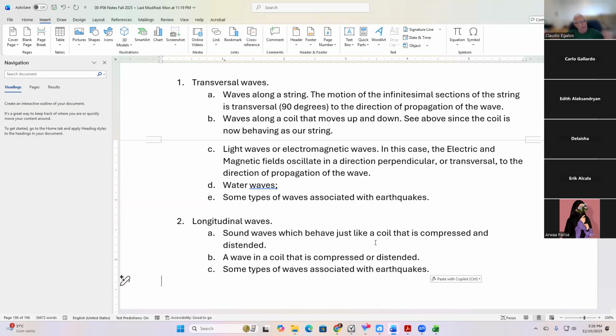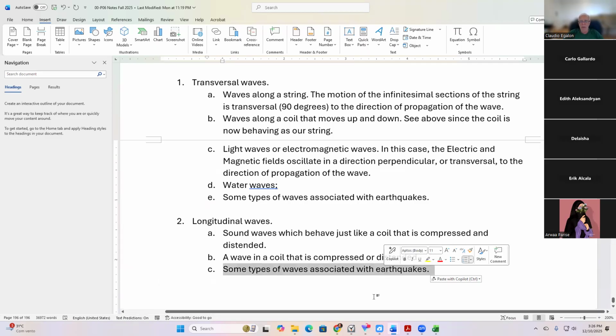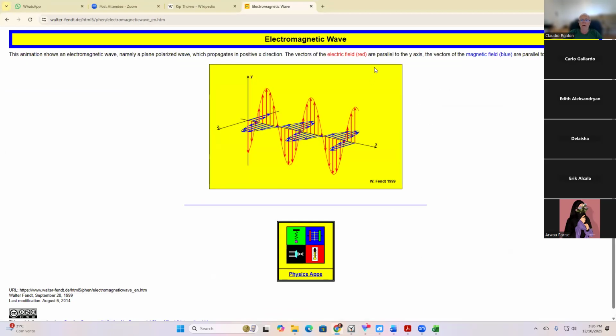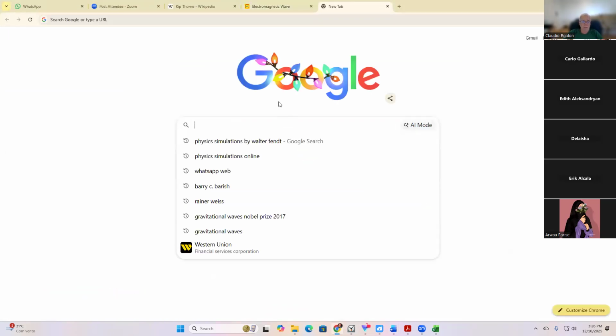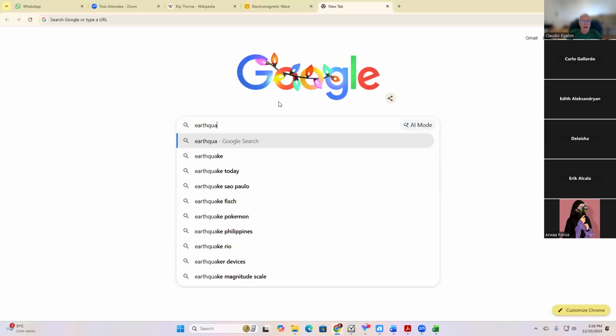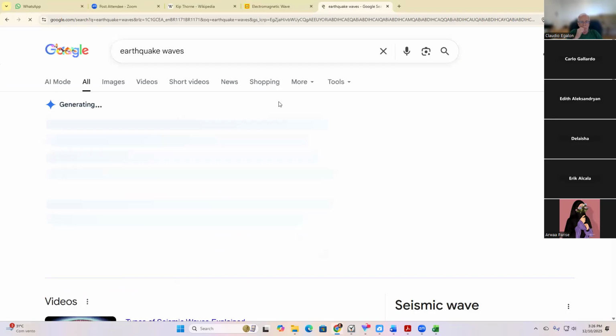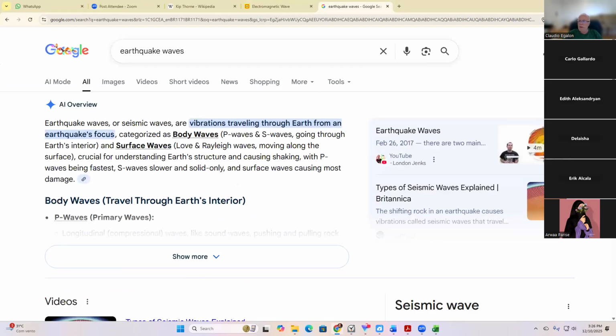We release it, and then we have this wave propagating along the coil. And some waves associated with earthquakes. Let's take a look. Earthquake waves. Let's see here. I want to go to Wikipedia.